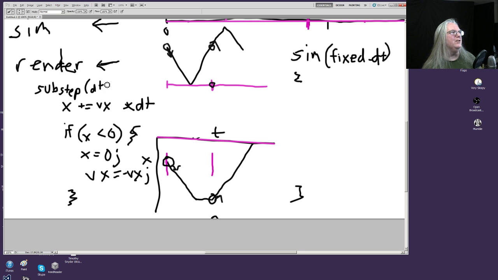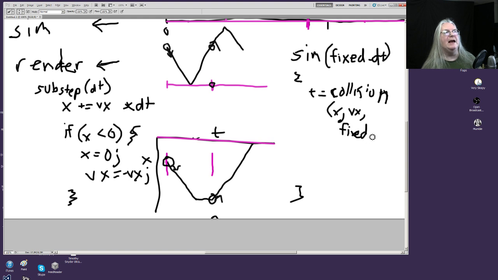And our main function says t equals collision time, starting at x, moving at vx for fixed dt time.